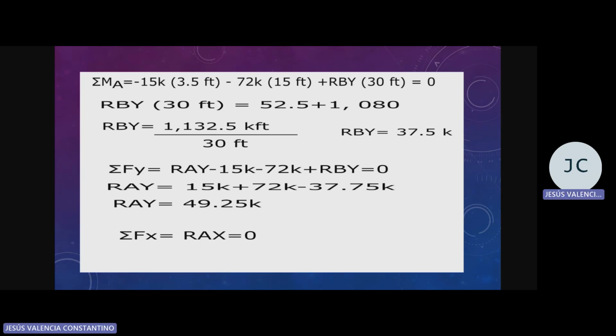Simplifying the equation and performing basic arithmetic operations, we find that RAY is equal to 49.25 kilos. Now, we move on to the summation of forces in the x direction. The only force in this direction is RAX, which is equal to 0. Therefore, RAX is automatically determined to be 0.